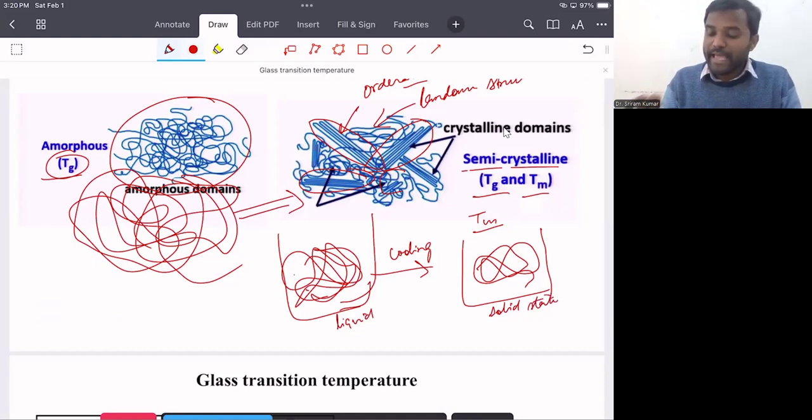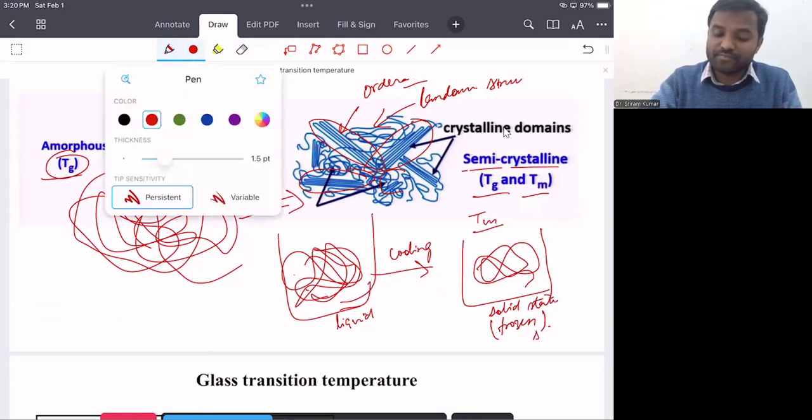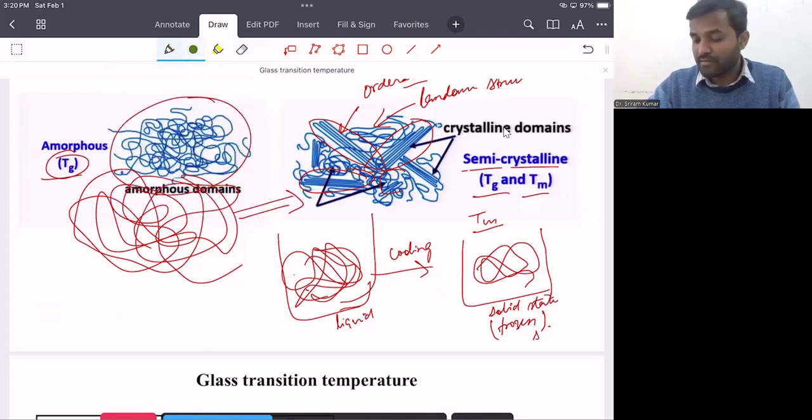This is a specific kind of term, the frozen state, and that's why this is called the glassy state. As we take the example of glass, it is a kind of frozen liquid.